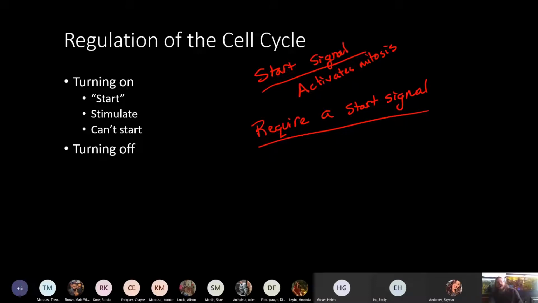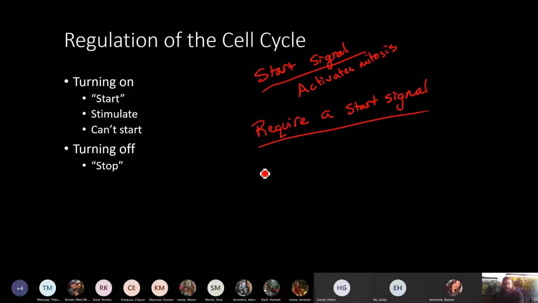So, turning off mitosis also requires signals. Who wants to guess at the signal to turn off mitosis? It's not a start signal, it's a stop signal. There you go.